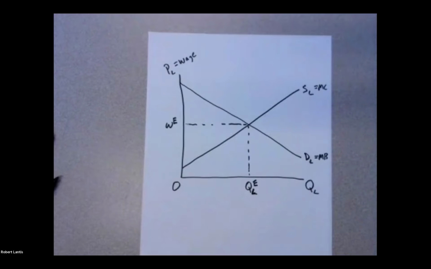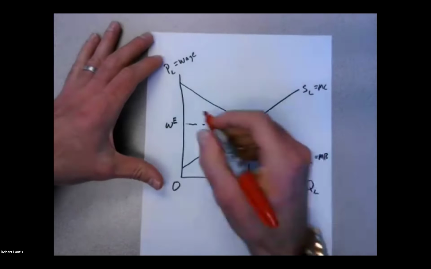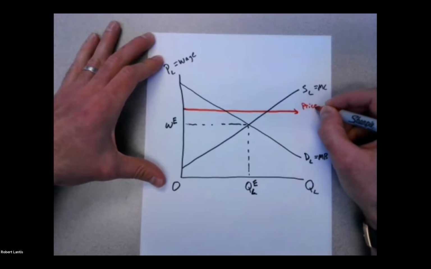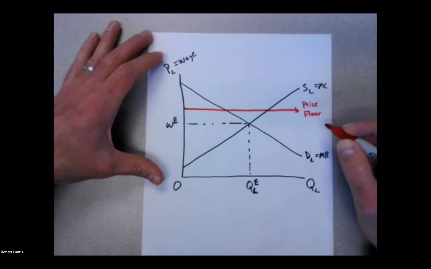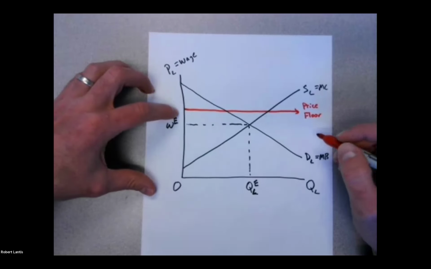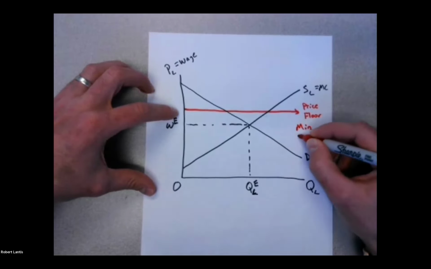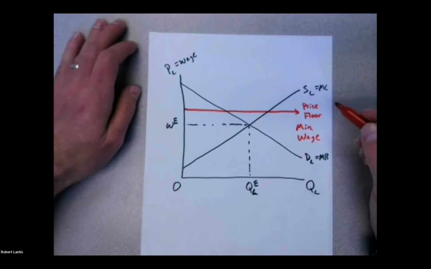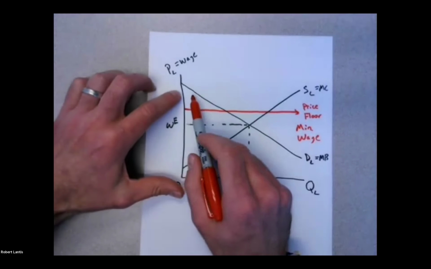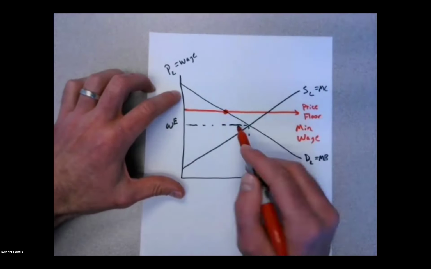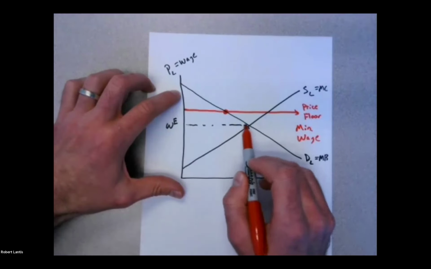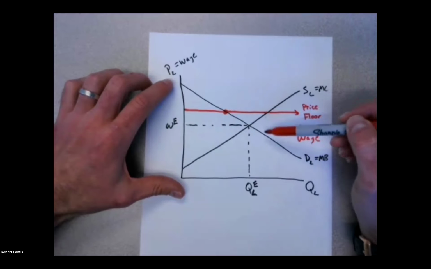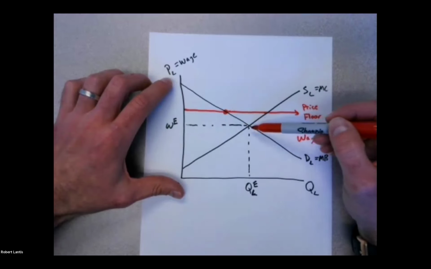So let's say the government comes in and sets an effective price floor in this market. What is that really doing? I'm saying you can't pay people anything less than this wage, or I set a minimum wage. So with this minimum wage, what's going to happen? At this higher wage rate, for all the labor hours past this point, the companies are going to have to pay a price that's above their marginal benefits. Are they going to do that?